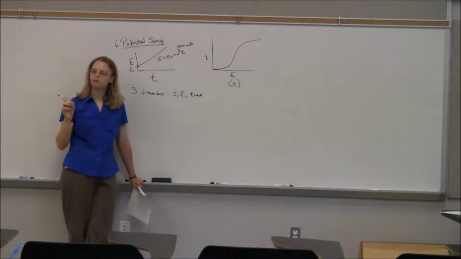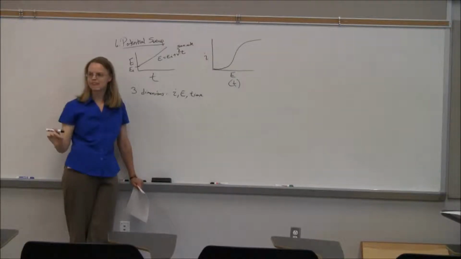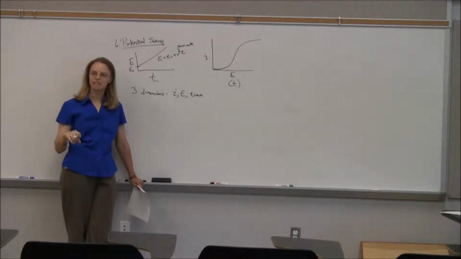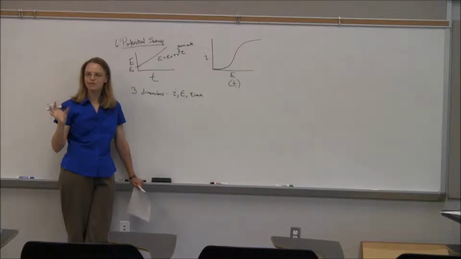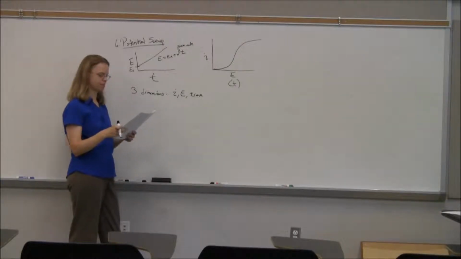In fact, when you output CVs off the old Target program, annoyingly to some people, it gives you both the time and the potential. So you could plot it either way. Most of the time we just chuck the time and plot it versus potential, but either way, they're the same thing.